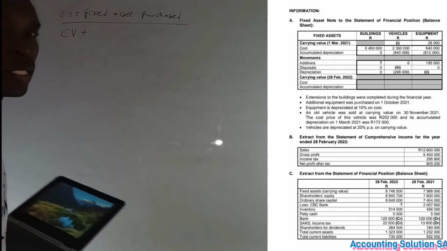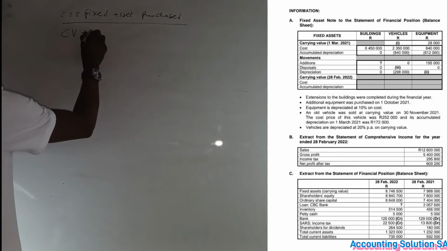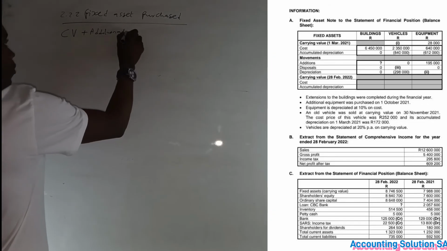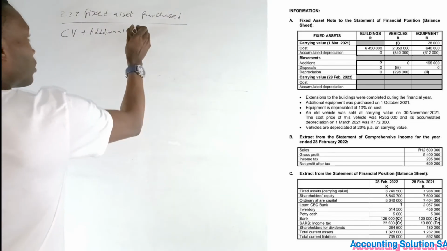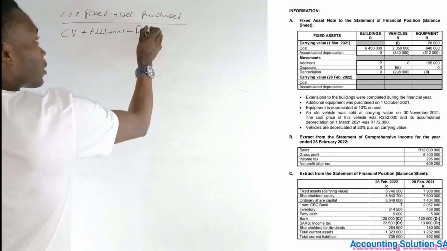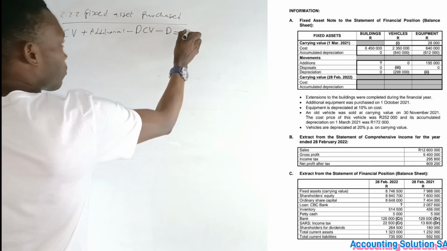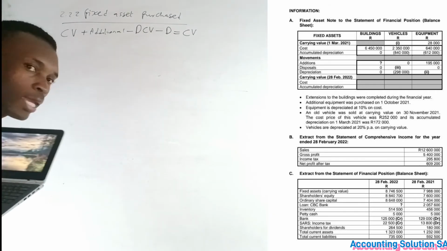Then you add addition, and you subtract disposal at current value, and you subtract depreciation, and it's going to give you current value at the end.